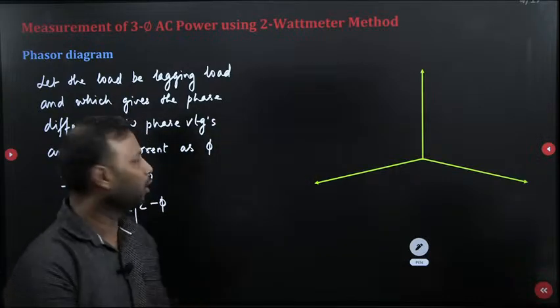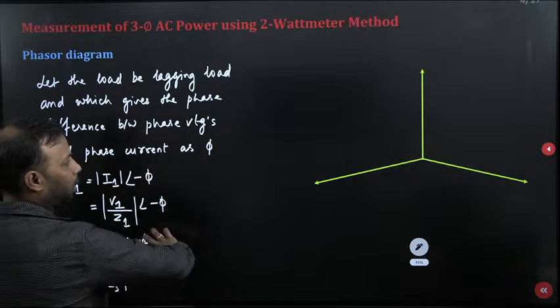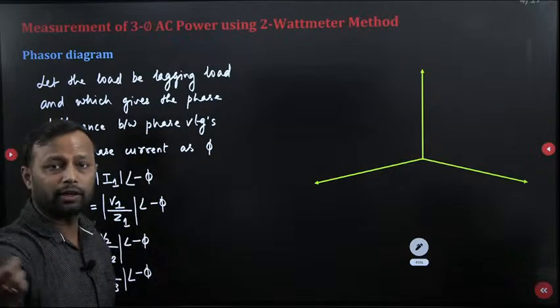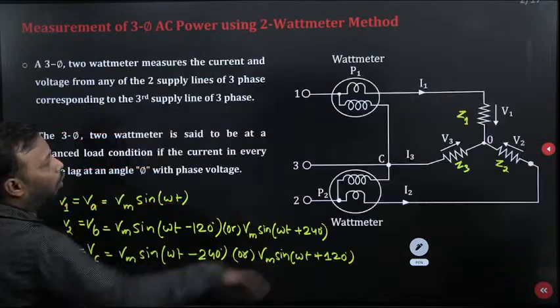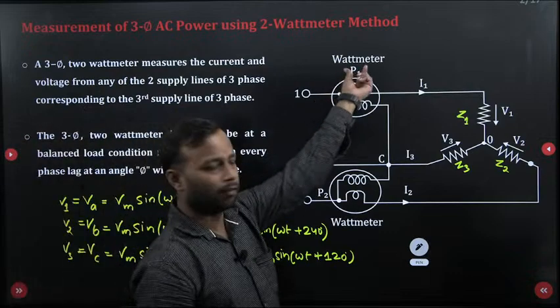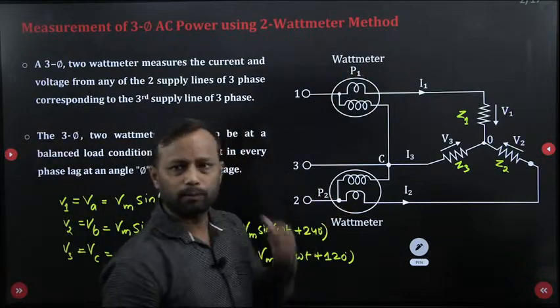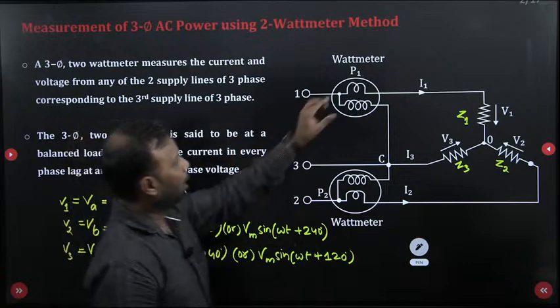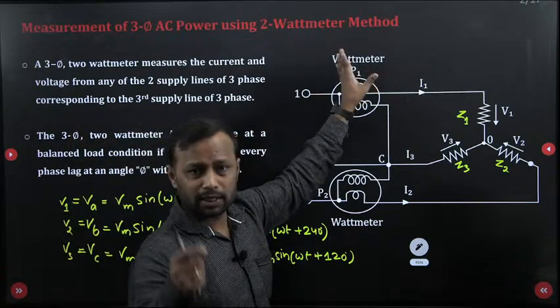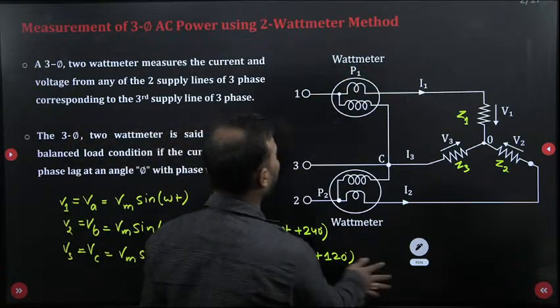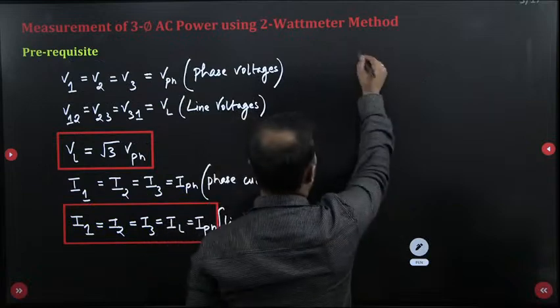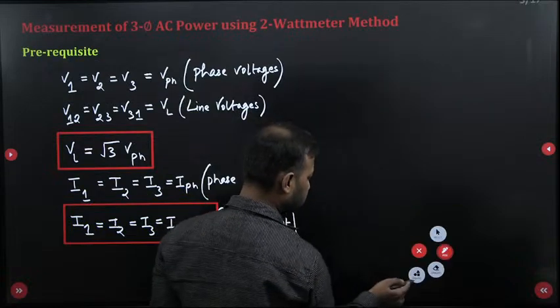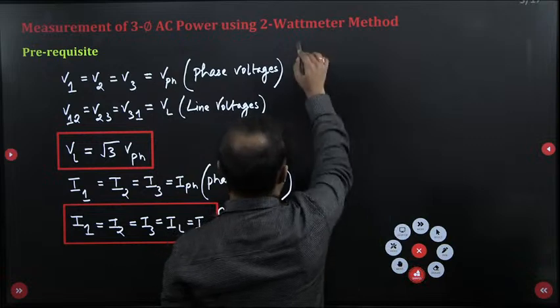Now let us have the phasor diagram, where we are going to derive the equations. We are going to derive the formula for wattmeter 1, which I named P1, and wattmeter P2. Now see, to measure the AC power, what do we require, my friend?